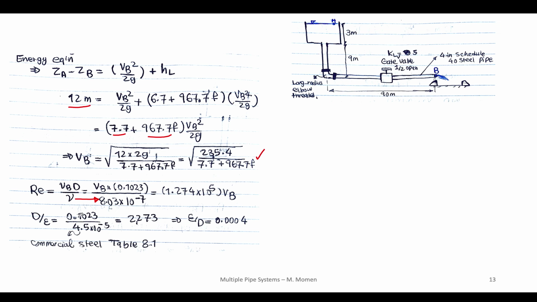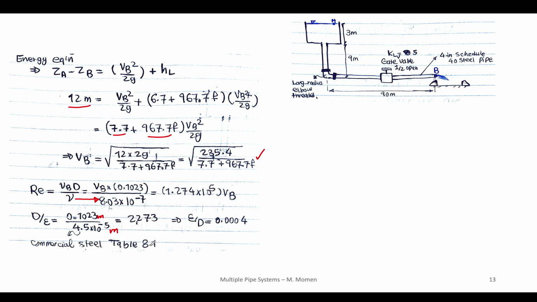Okay. So again, we know the diameter of the pipe, which is 0.1023 meter, over epsilon, which is the roughness of this type of pipe. This is a steel pipe, commercial steel pipe.